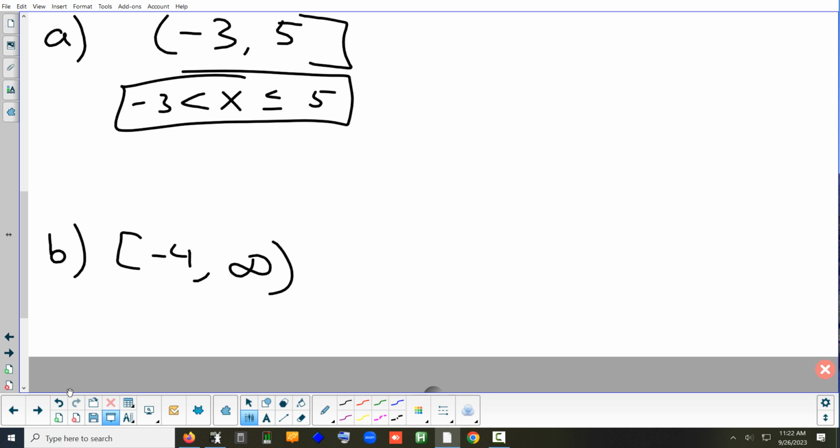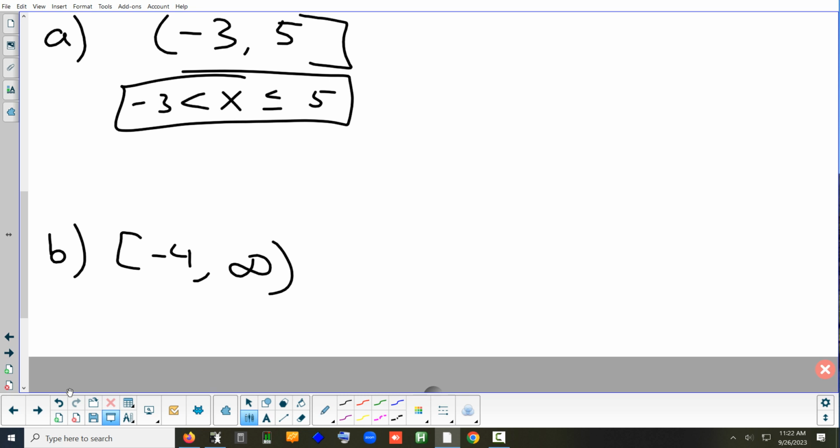Okay, is there anything you could simplify there? Because you don't really need to say something that's automatically always true. x is going to be greater than or equal to -4. Yes, x is greater than or equal to -4.